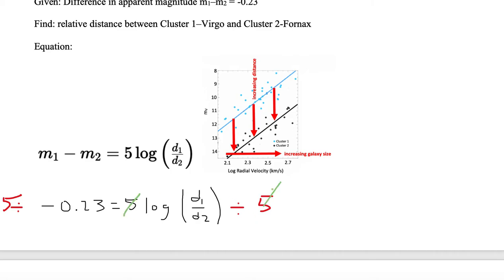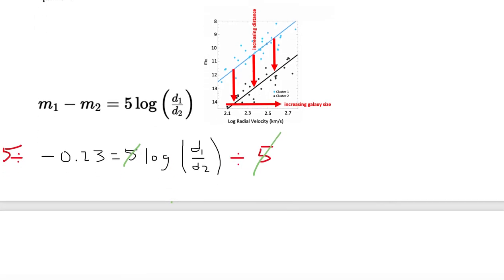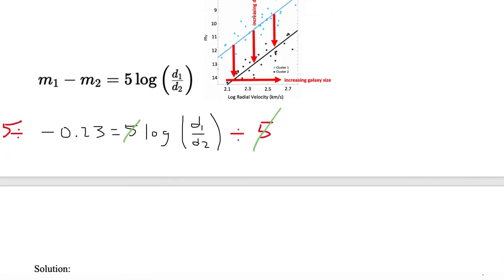So the only thing we'll be left with is log of D1 over D2 on the right-hand side. And on the left-hand side, we're going to be left with minus 0.23 divided by 5.